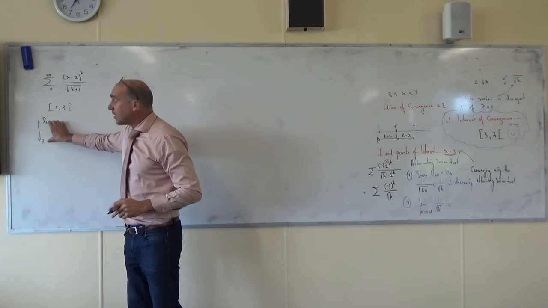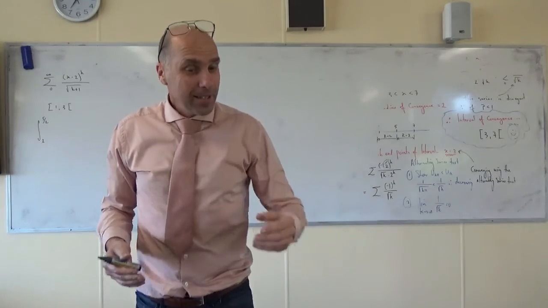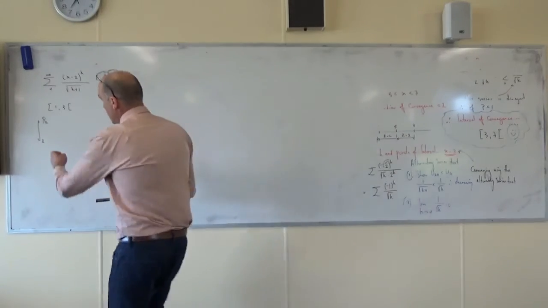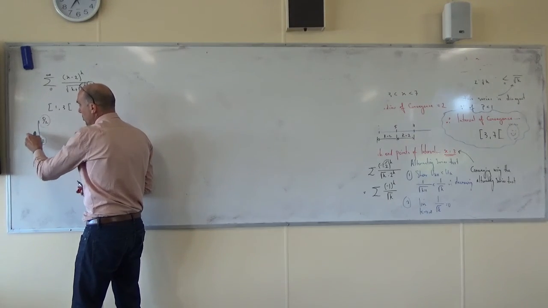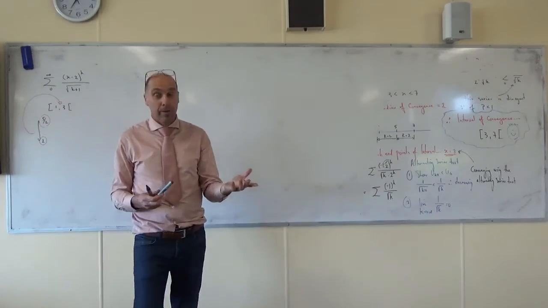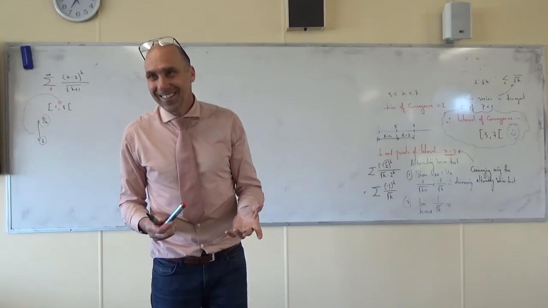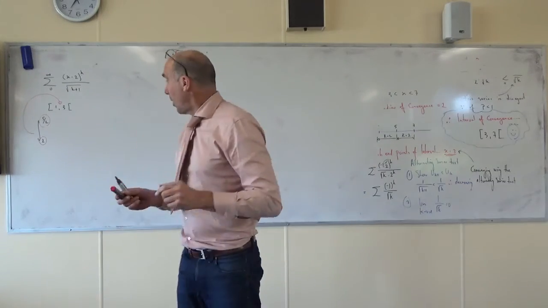Now, are those limits on that integration within the radius of convergence? Yes. x is 2, x is 2.5, and guess what? That and that falls within my radius of convergence, or falls within my interval of convergence, I should really say. Agreed? So, if those limits fall within the radius of convergence, then I'll show you a trick I can do.